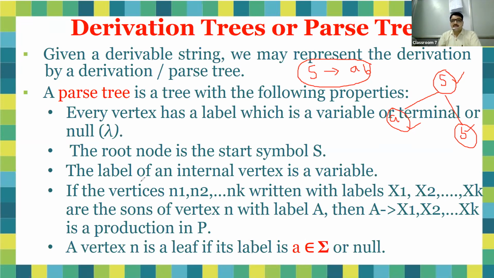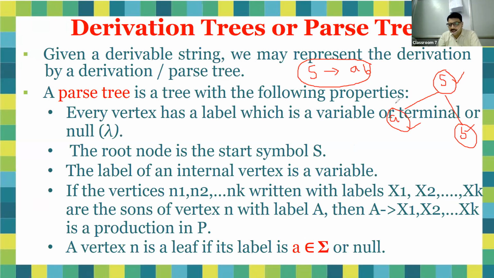Now, the next point is, the label of an internal vertex will be a variable. It is an important point, because when we construct a derivation tree, it is obvious that internal nodes will be variables, since only variables can produce other variables or terminals. The next point is, if vertex n is a leaf, its label is either null or belongs to the terminals. Suppose we want to find the number of leaves.